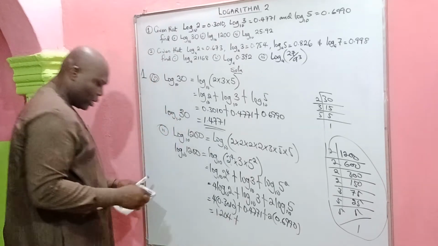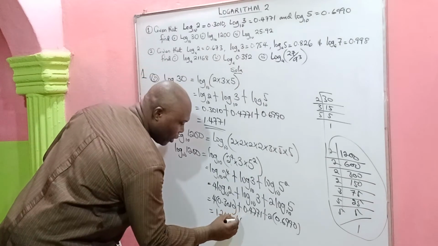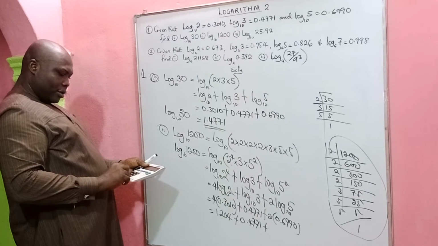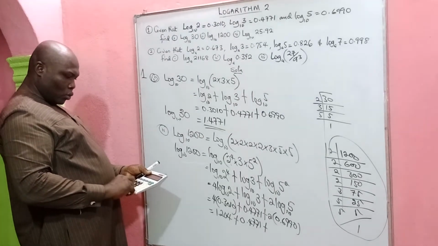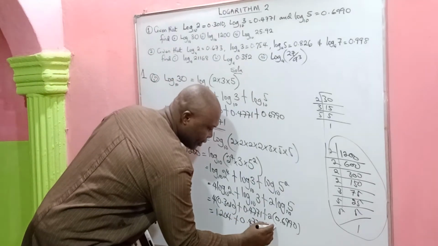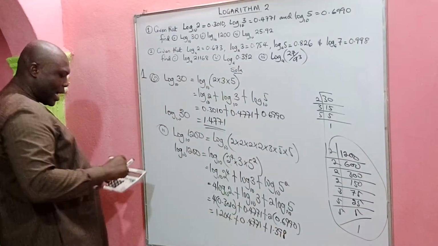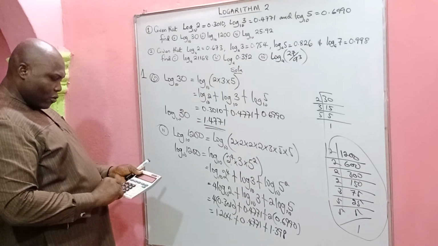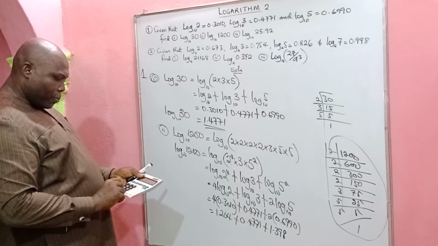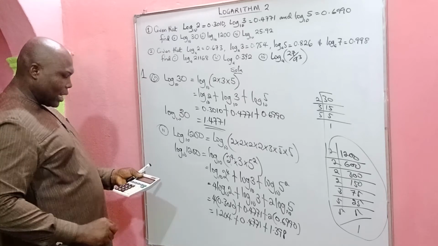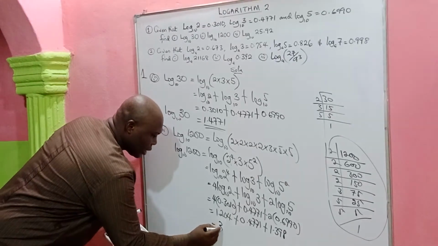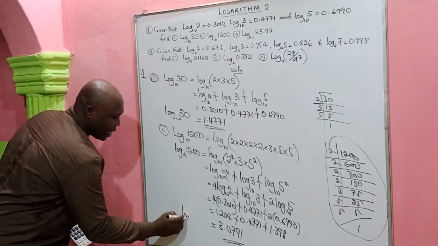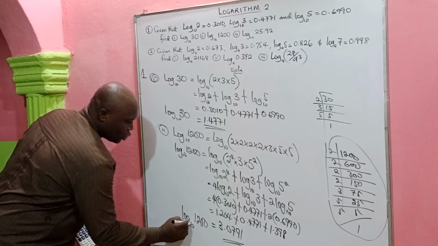Plus 0.4771, plus 2 times 0.6990, which is 1.398. So at this point you can add: 1.398 plus 0.4771 plus 1.204, and that will give us 3.0791.